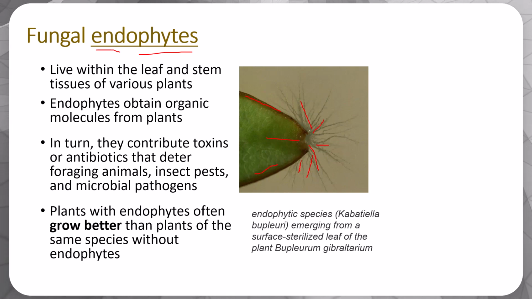And endophytes do benefit from this relationship because they obtain organic molecules from the plant, but they contribute things like toxins or antibiotics that can deter foraging animals. So herbivores are deterred, insect pests are deterred, and microbial pathogens would be limited as well. So plants with endophytes often grow better than plants of the same species if they do not have the endophyte.